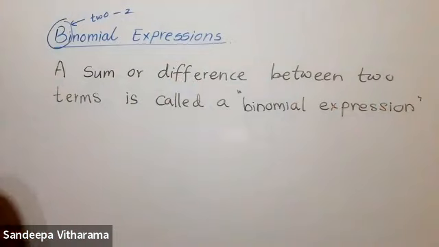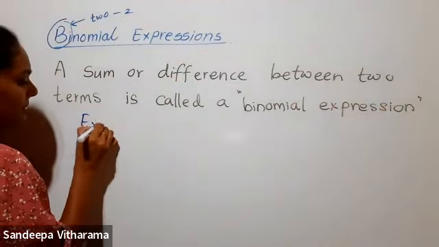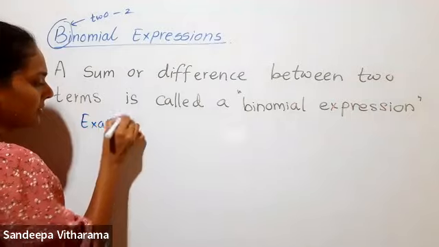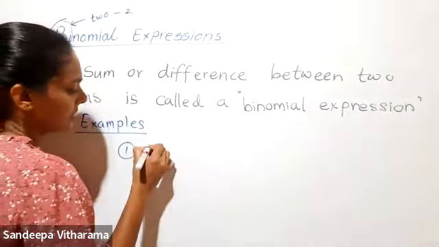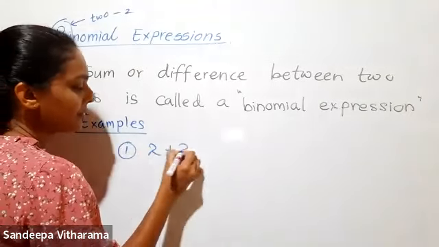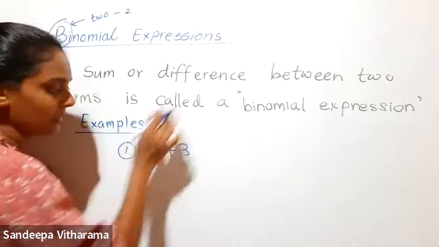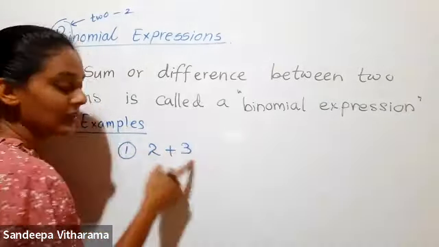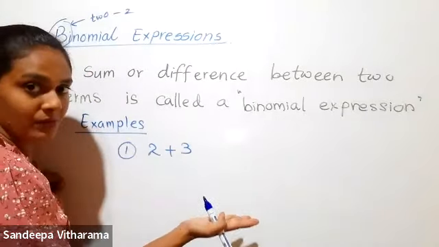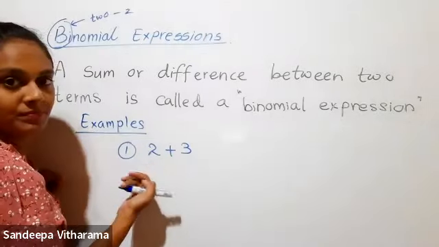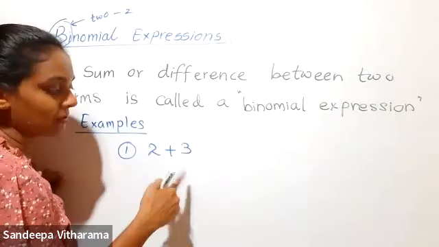Now for an example. First one, 2 added 3. This is also a binomial expression, okay? Because it consists of two numbers. So this is an expression of a sum between two numbers.